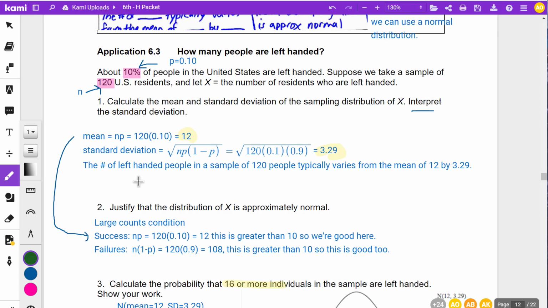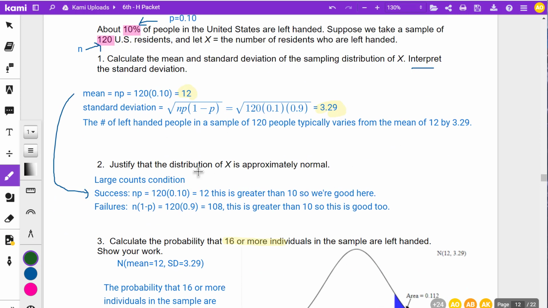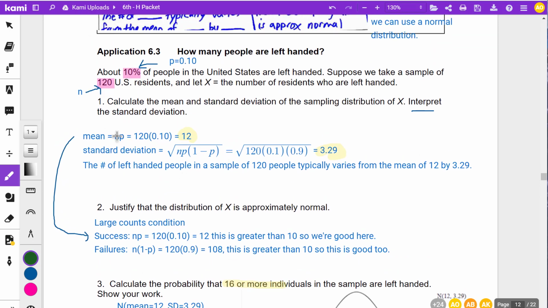The number of left-handed people in a sample of 120 people typically varies from the mean of 12 by 3.29. This is true regardless of which distribution I use, because that is the mean and that is the standard deviation, whether I use a binomial or a normal distribution. But I did need the binomial to get the formulas to calculate them.